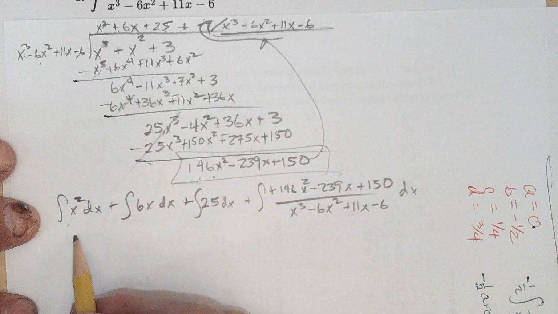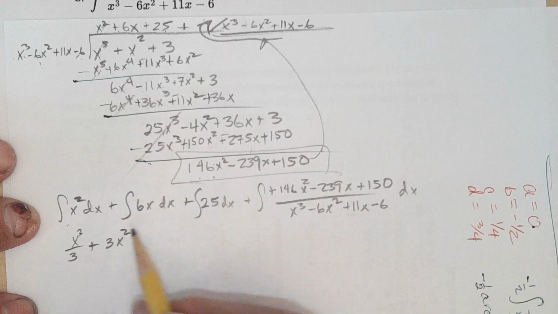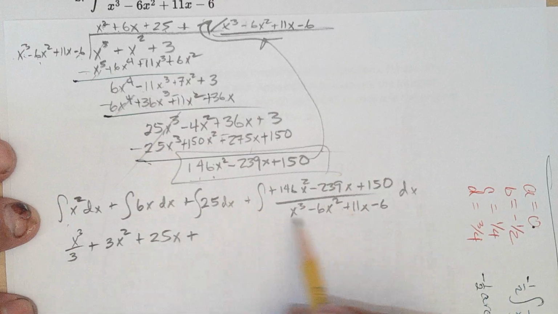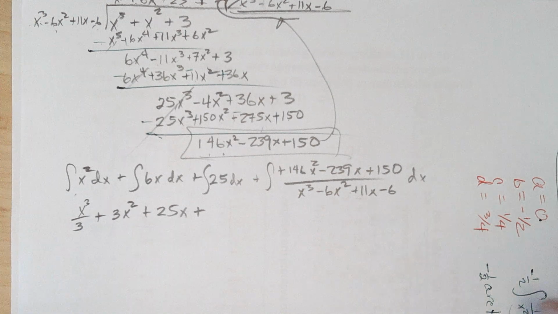This one's easy. X to the third over 3. 3x squared. 25x plus this. And now we finally have to do integration by partial fractions.